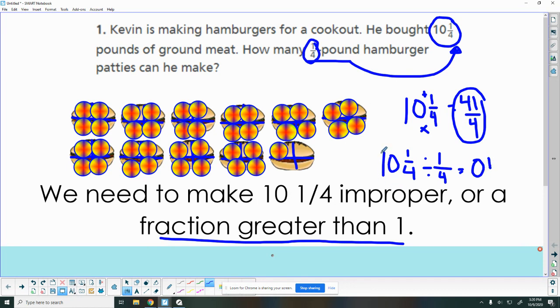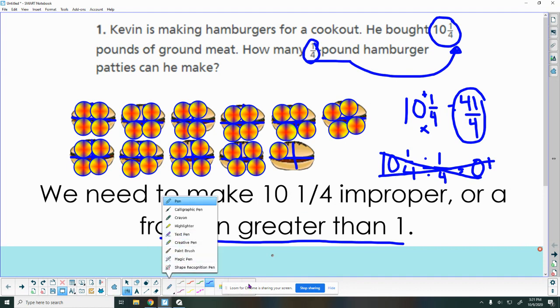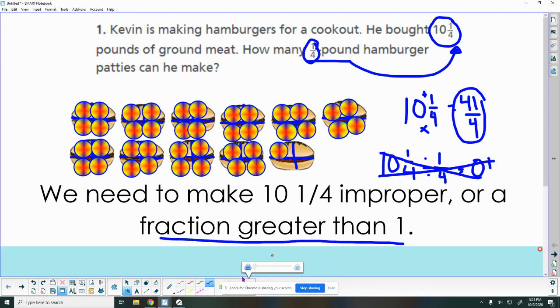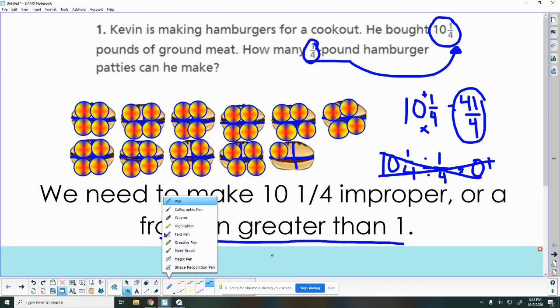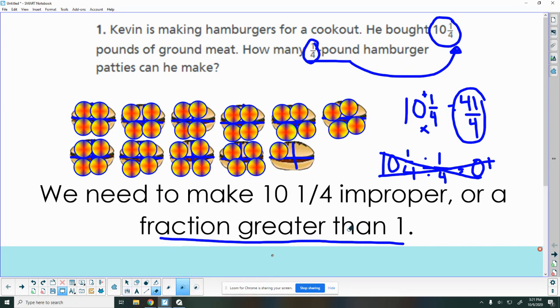I don't even know how to write that. So we can't just divide when we have our mixed numbers like this. Instead, I'll get rid of that because we can't do that.